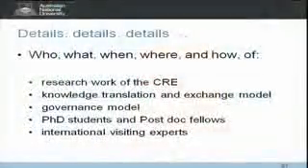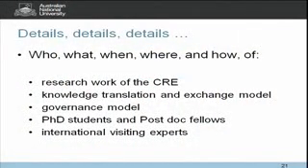Thanks, Bob. Terrific. Now, the Expert Review Committee needs to see details. They need to ask the who, what, when, where and how of every aspect of your research proposal. So while it might be easy to address those regarding your research methodology, remember that that's only one component of your proposal. You also need to address those with your knowledge translation and exchange model.